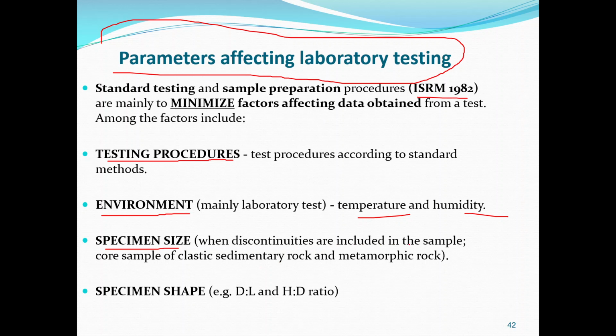When discontinuity is included in the sample, such as a core sample or a classic sample, it depends on the discontinuity and the shape of the samples. H over D, the diameter and height of the sample, influences your laboratory testing parameters.